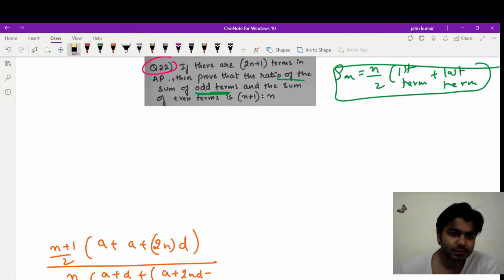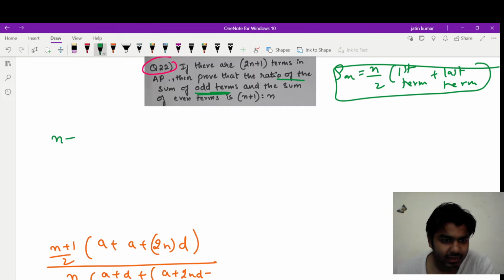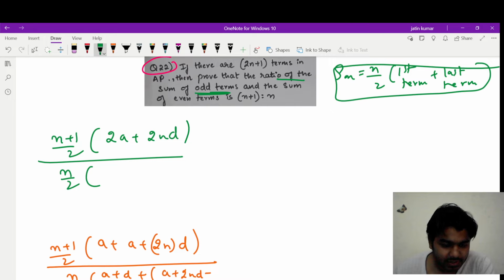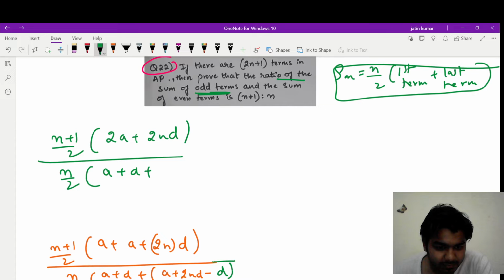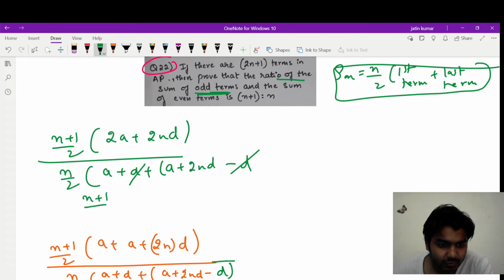So (n plus 1) upon 2 on top becomes 2a plus 2nd, and in the denominator n by 2 times (a plus d plus 2nd minus d), right? So a plus d plus a plus 2nd minus d. Minus d plus d will get cancelled, and here we will be left with (n plus 1) upon 2.